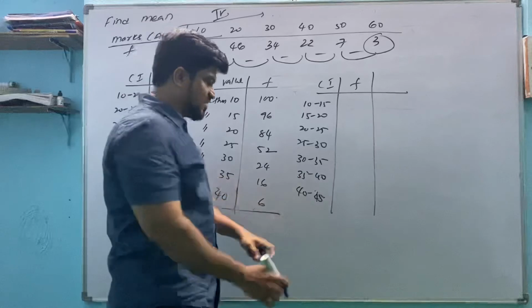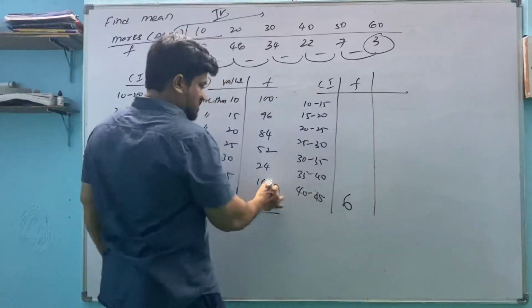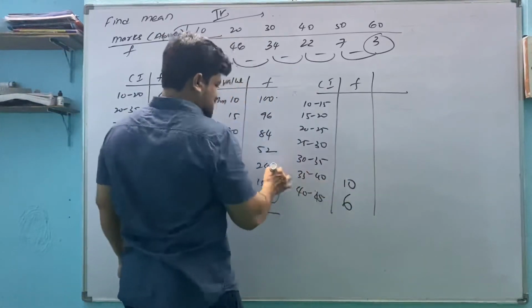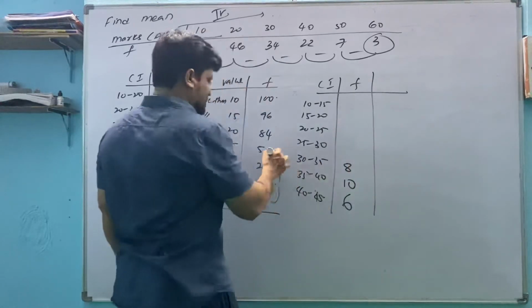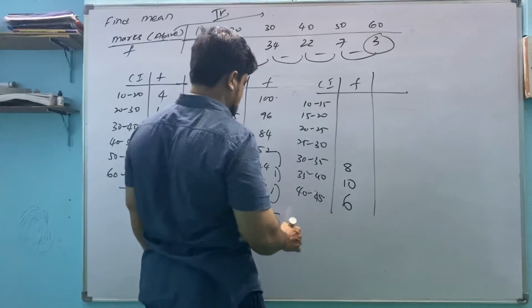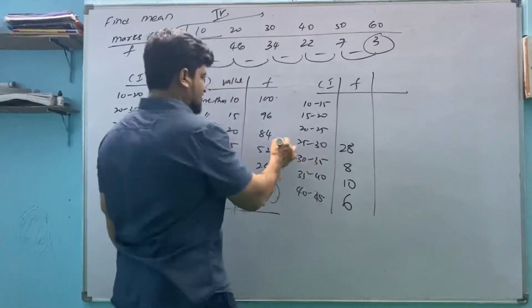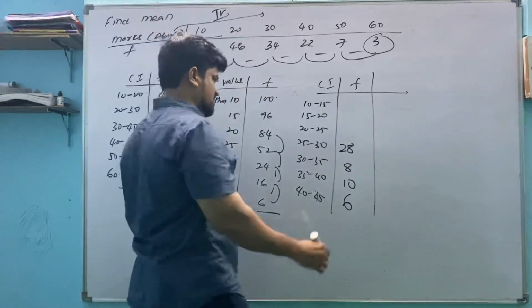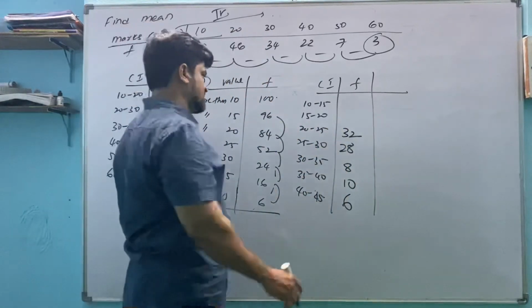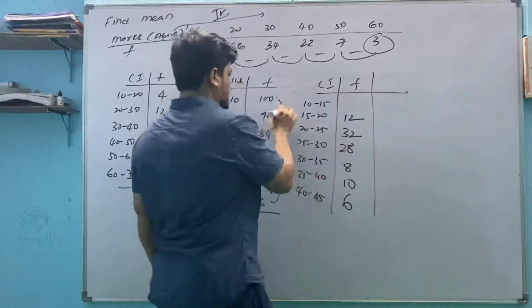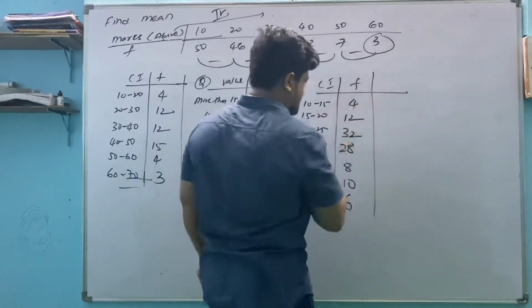First write the last value as it is, then go on subtracting: 10, 16, 24 minus 16, 8, 52 minus 24, 28, then 84 minus 52, 32, then 96 minus 84, 12, then 100 minus 96, 4.